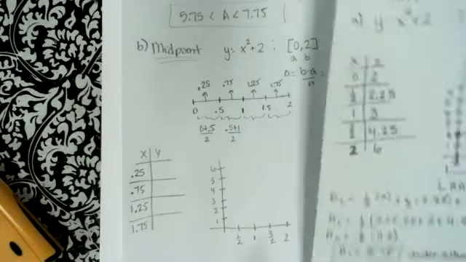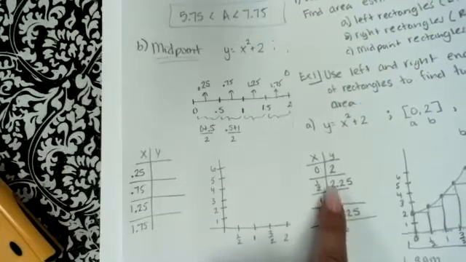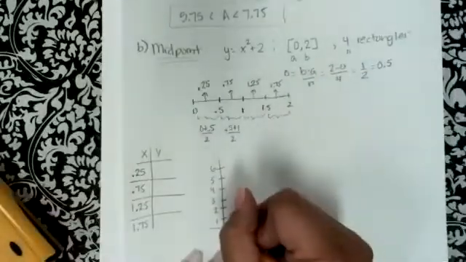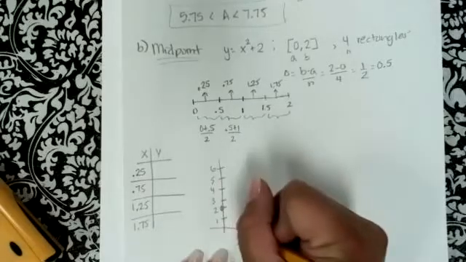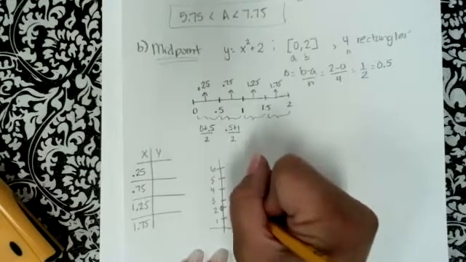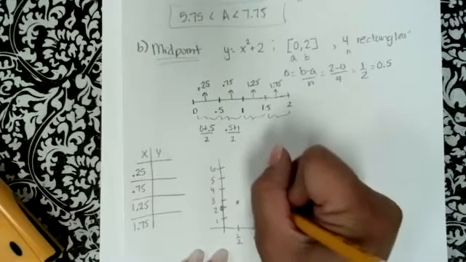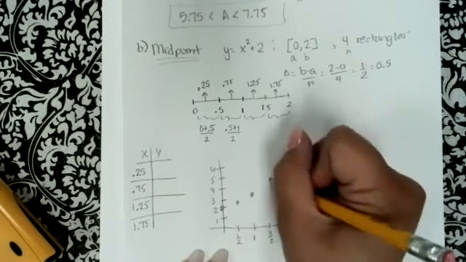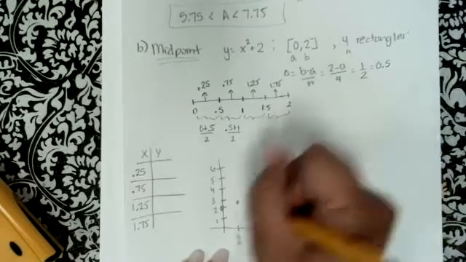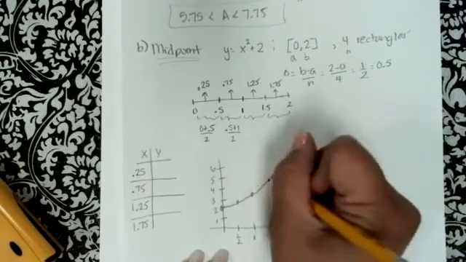I'm still going to use these points right here that we did. So at 0 it is 2. At 1/2 it was 2.25. At 1 it's at 3. At 1.5 it's 4.25. At 2 it's 6. So the graph still looks like this.